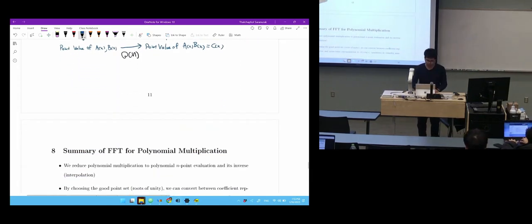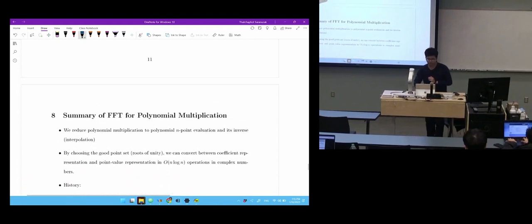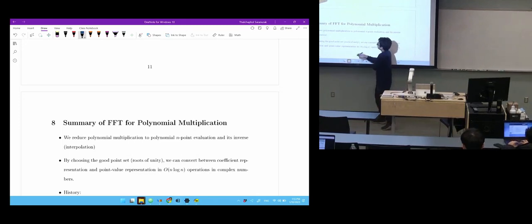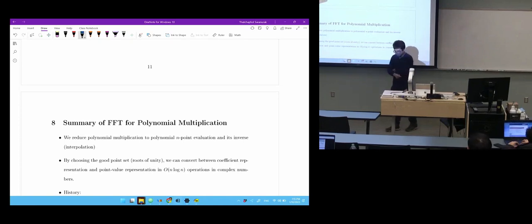Okay, so let me recap. What we have done so far: to multiply two polynomials, we instead reduce the problem to polynomial evaluation at n many points, and design a point set so that you can evaluate fast.